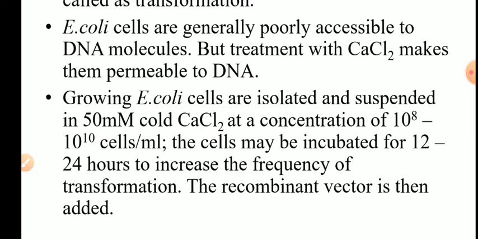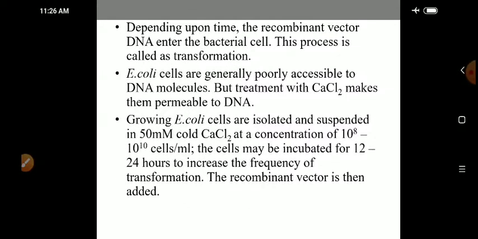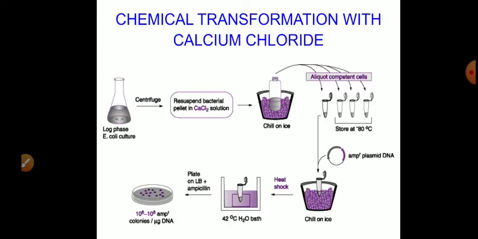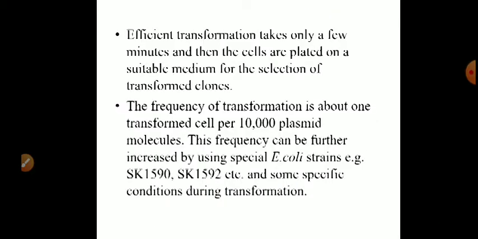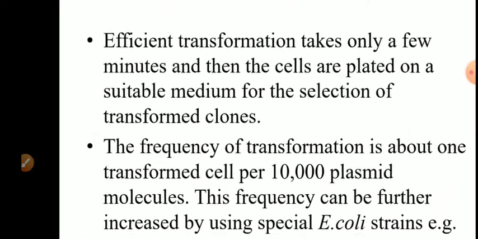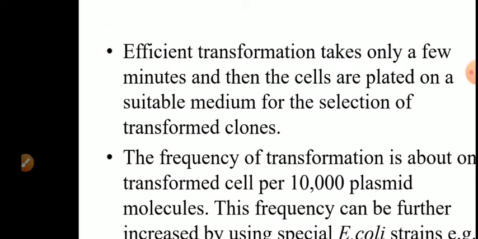The cells are then incubated for 12 to 24 hours to increase the frequency of transformation, and then the recombinant vector is added to this E. coli cell culture. We wait for the recombinant DNA to get inserted inside the E. coli cells.